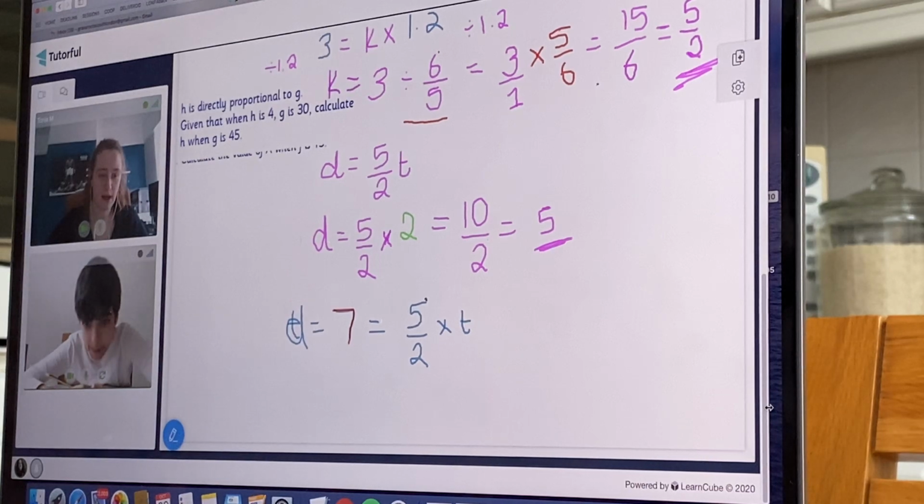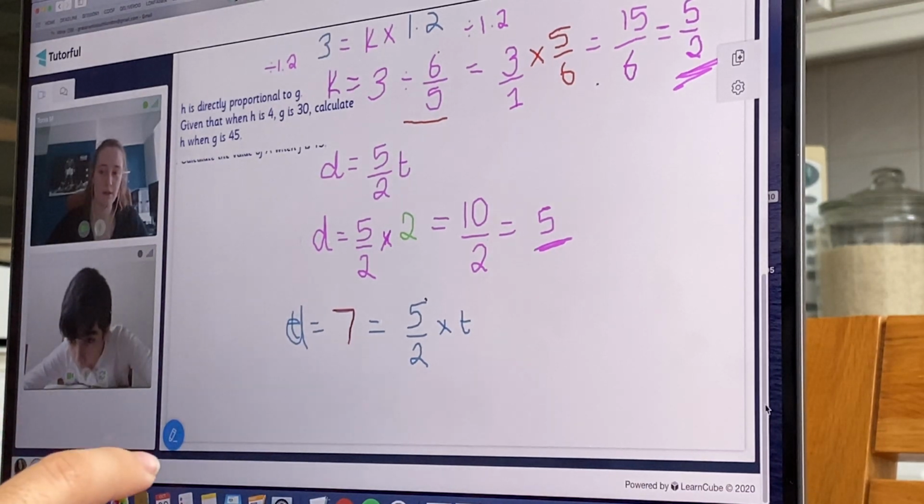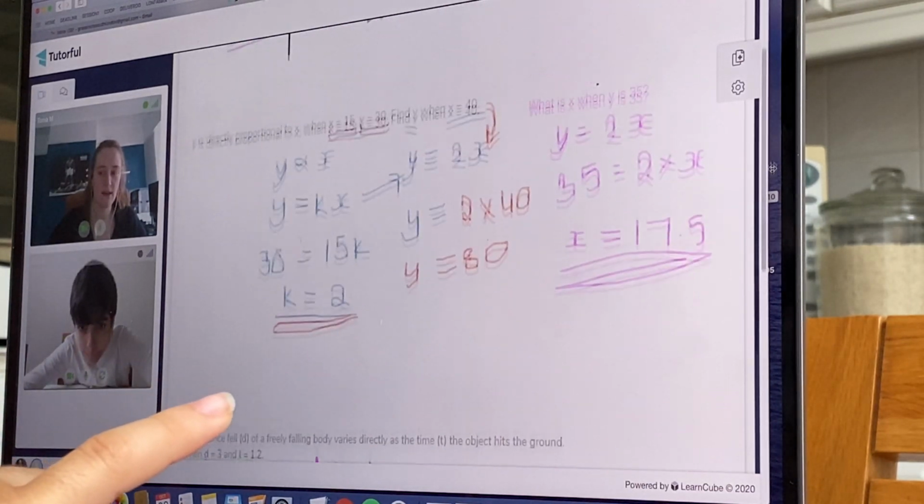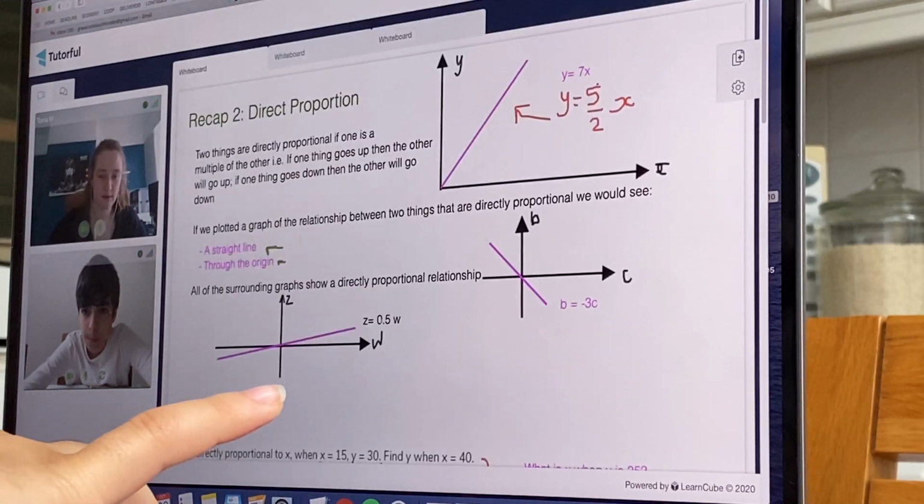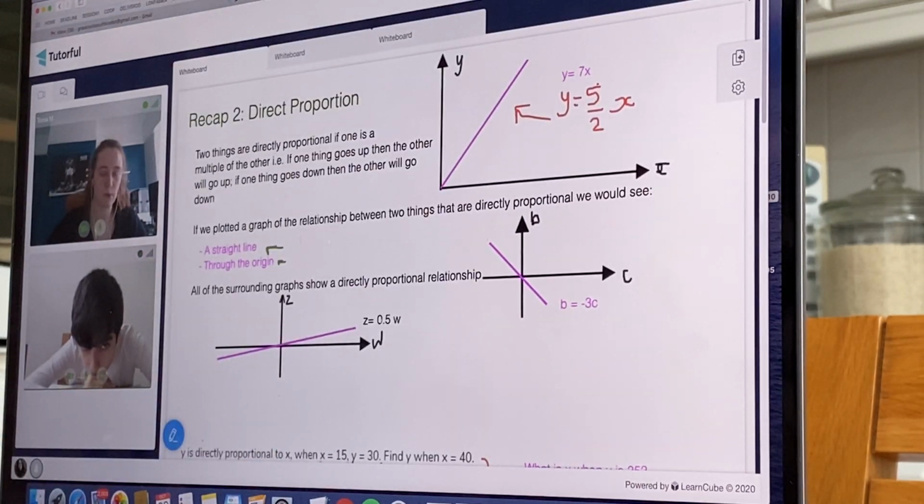I know that they use d and t, but when x equals 2, all we're doing is using this line to find out what y is when x equals 2.